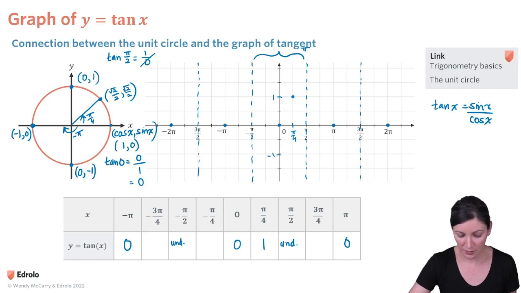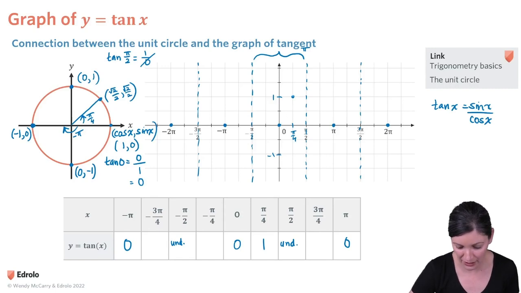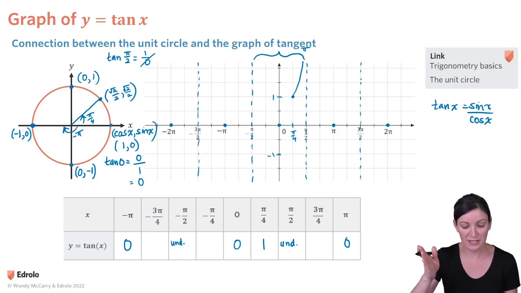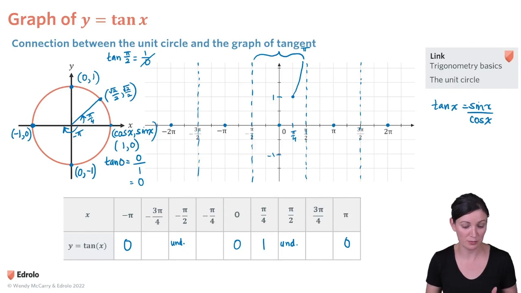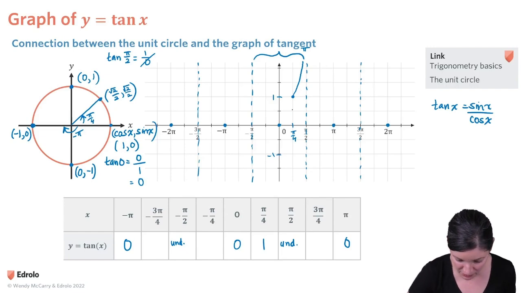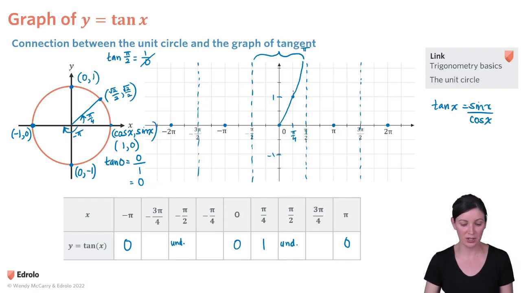So the tan function starts to approach infinity, all the way until we get to that asymptote. So you end up with a shape of a curve like that on that side.